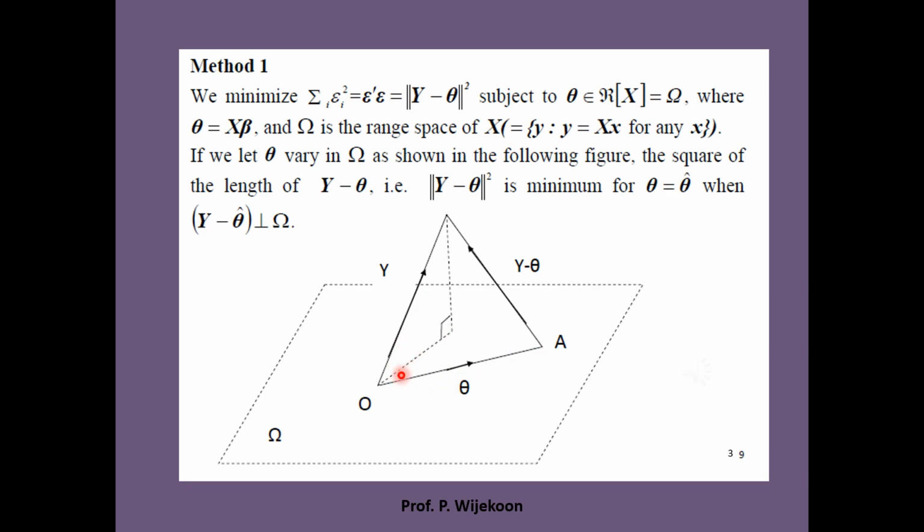Note that the squared length of vector y minus vector theta, that is the norm of y minus theta squared, is minimum for theta equals theta hat when y minus theta hat is orthogonal to the range space of matrix X.